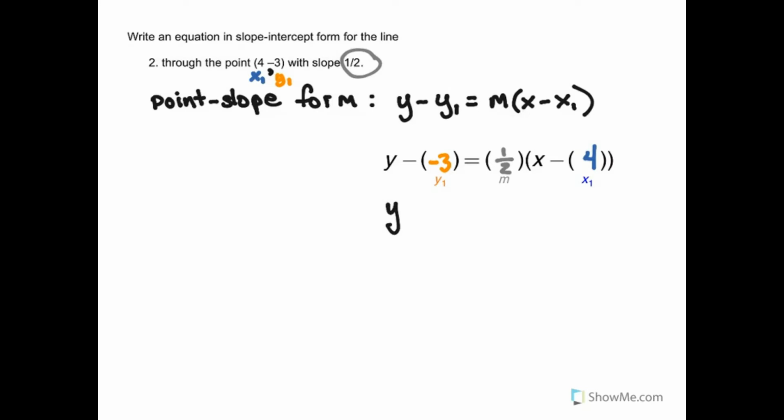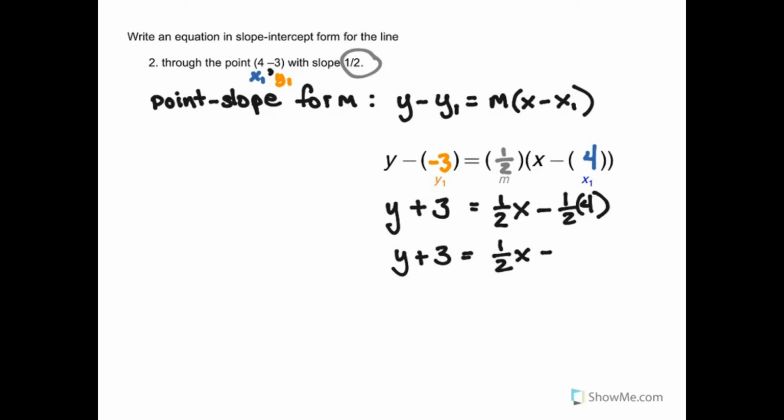Y minus -3 is the same as y plus 3. Equals 1/2 times x minus 1/2 times 4. So y plus 3 is equal to 1/2 x minus, well, half of 4 is 2.